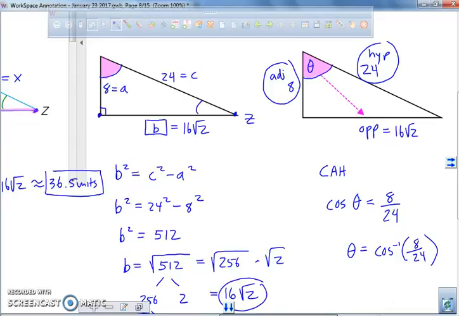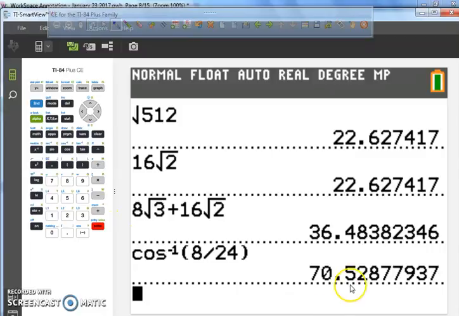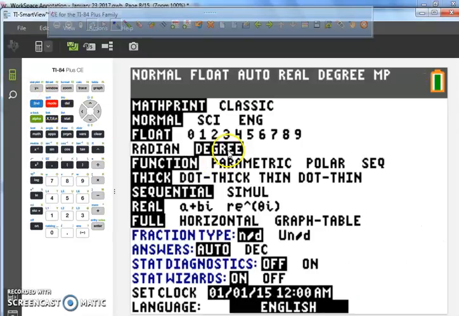All you have to do in the calculator is hit second cosine and do the fraction 8 divided by 24, which is the same as a third. You can use 1/3 and it still works. So you get 70.5 degrees. If you hit the mode button, you might not be in degree mode. You have to be in degree mode for this to work. If you're not in degree mode, you'll get the wrong answer.